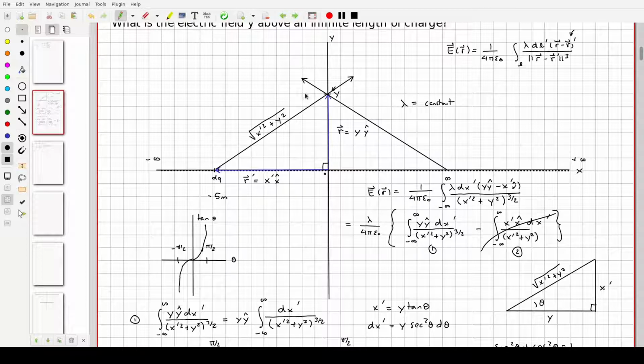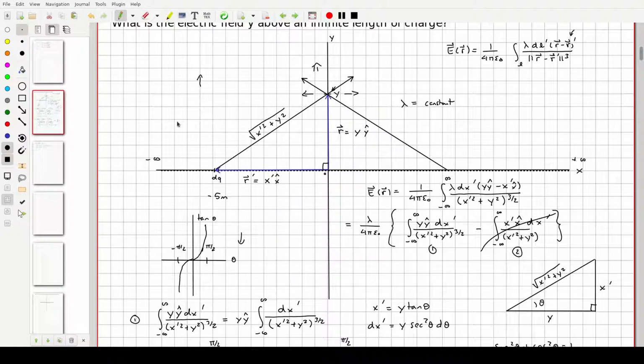What's happening here is that the side-to-side parts of the electric field are canceling out, and you're ending up with two up parts that add. So here, in two dimensions, the electric field is always going to point up this way if you're above it, and if you're below it, it's going to point down this way.